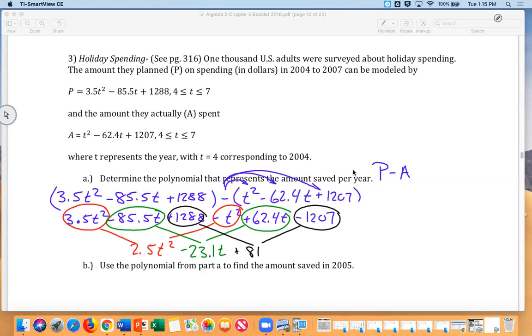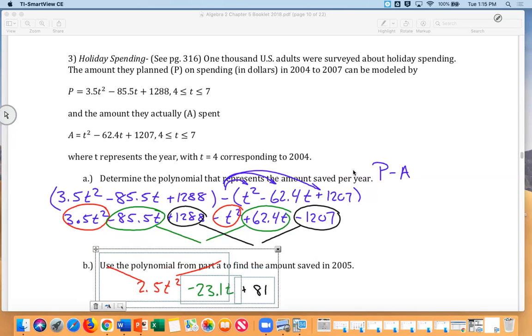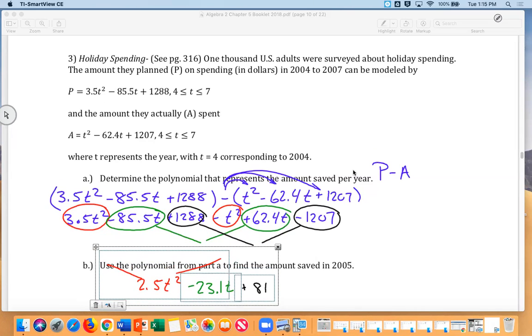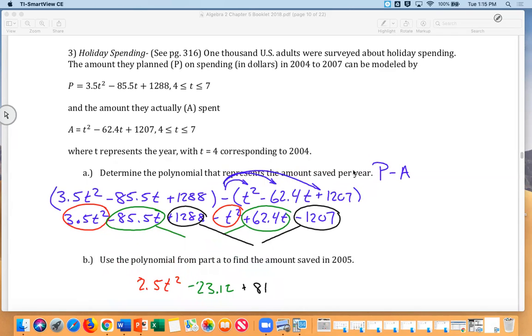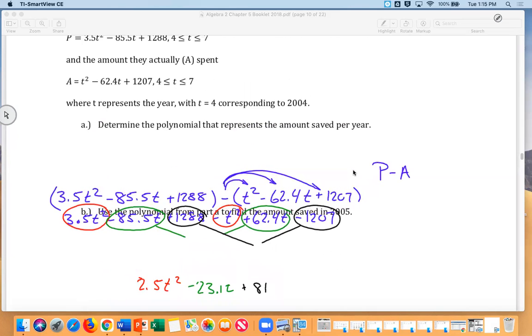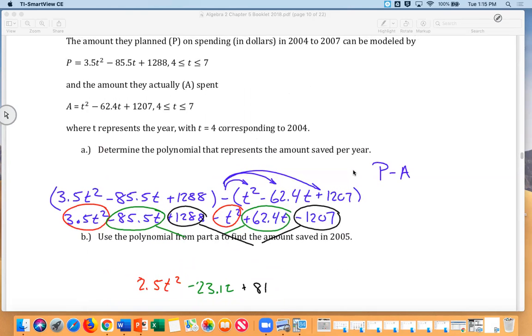All right. Fair enough. Now it says use this polynomial. So let's see. We're going to use this polynomial down here. So let me get rid of that. Let's get rid of all of this.